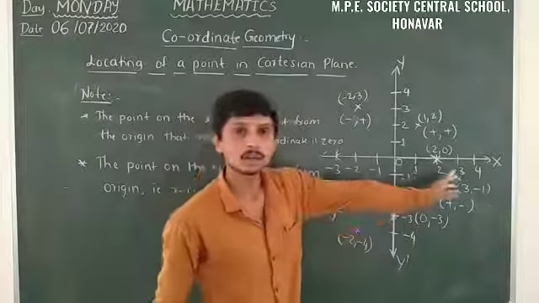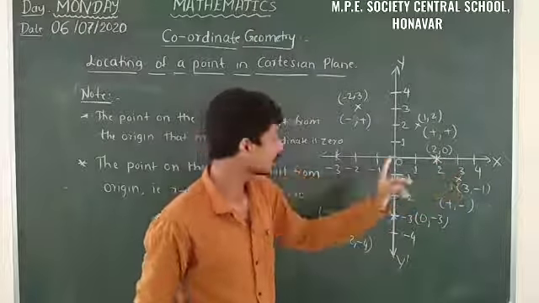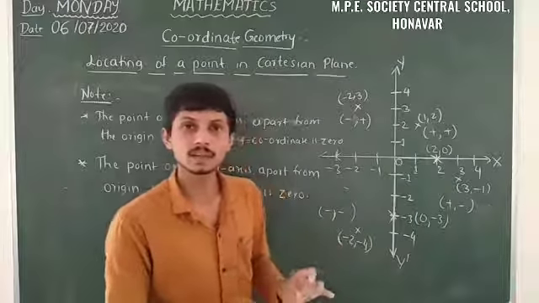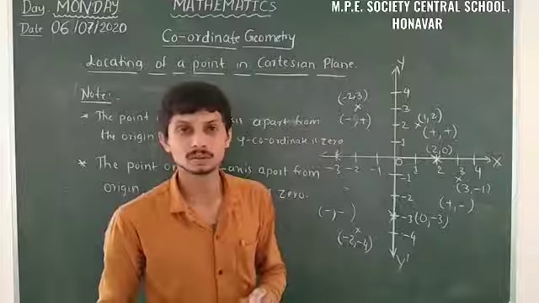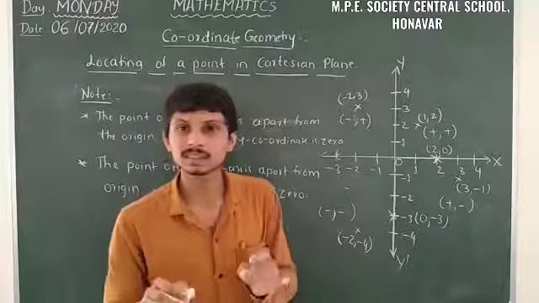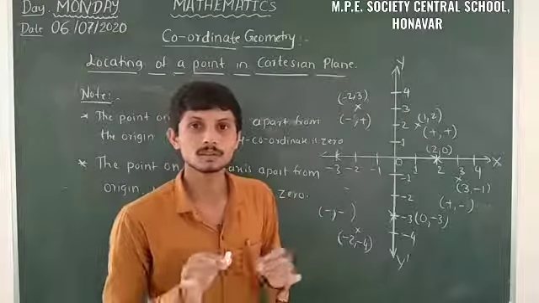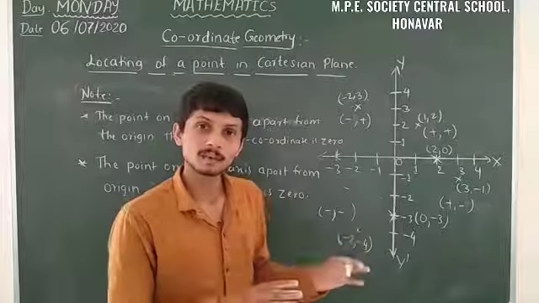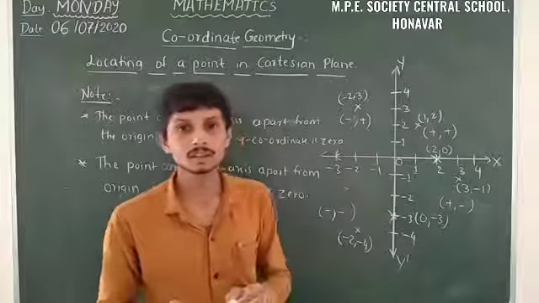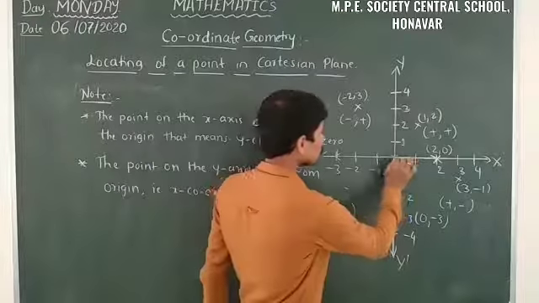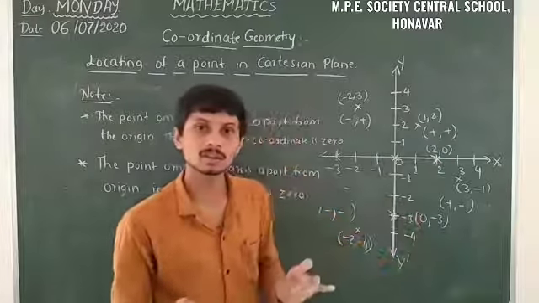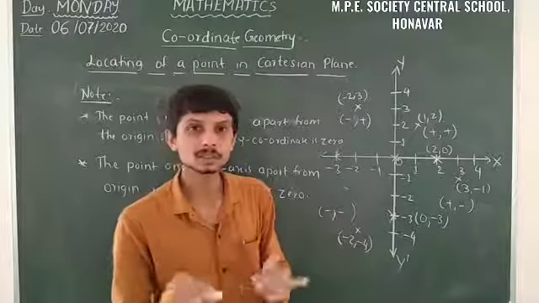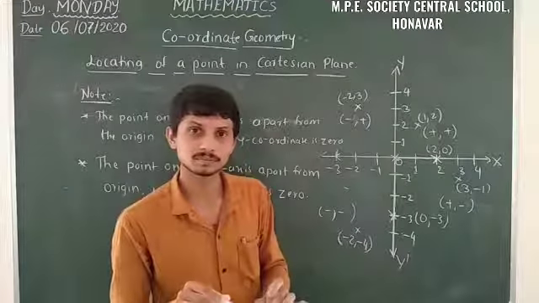The fact is that if the point is located on the x-axis, the y-coordinate of that point is 0, and if the point is located on the y-axis, the x-coordinate of that point is 0. These are some interesting facts about the Cartesian plane. When the point is located on the origin, both the x-coordinate and the y-coordinate are 0, both in the initial position.